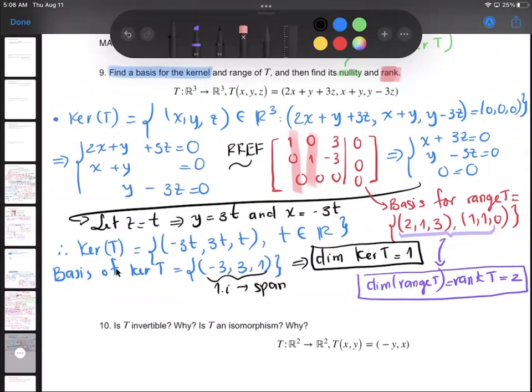Number 10, is T invertible? Why? Let's see. We have T from R2 to R2. All right, matrix A. Let's see. We have negative y and x. So for the first component, there's no x, so 0 for x, and negative y, so -1 for y.